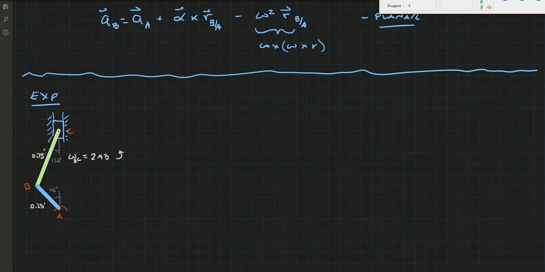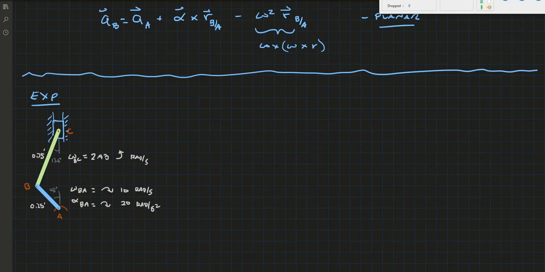And the angular velocity of BA and the angular acceleration of BA are both given, in this direction. So this is 10 and this is 20. So this will be rad per second, and this will be rad per second squared.